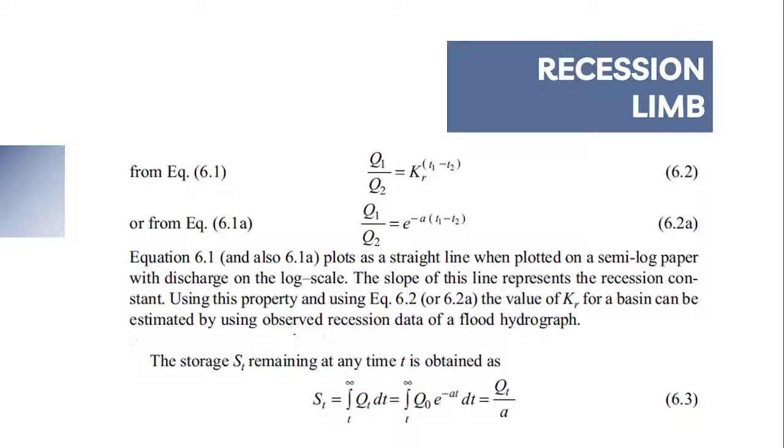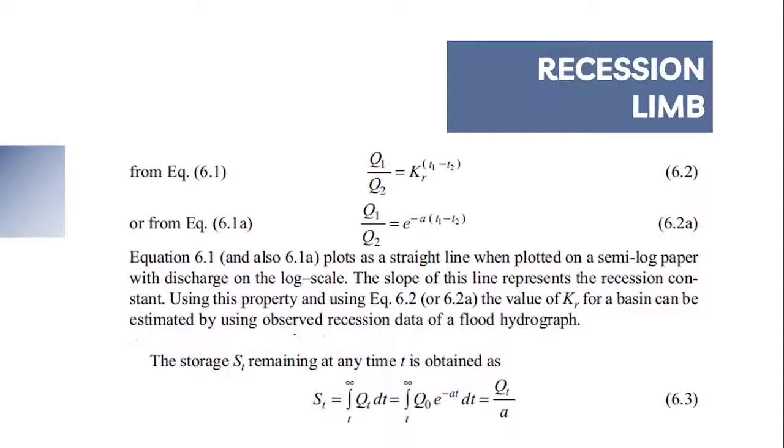This becomes equation 6.2. Or from equation 6.1a, we have Q sub 1 over Q sub 2 equals e raised to the power of a times the quantity T sub 1 minus T sub 2, which makes our equation 6.2a.